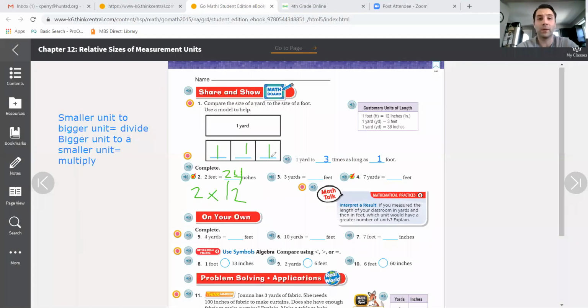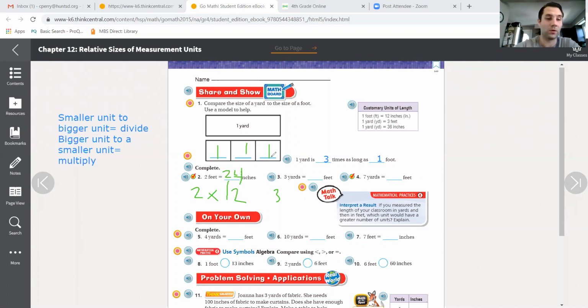Okay, let's look at number 3. So we have 3 yards and we're going into feet. So first thing I'm going to do is write that number 3. Now, yards to feet. Is a yard bigger or smaller than a foot? Let's think about this. A yard, a foot. Okay, so we have 3 yards to feet.